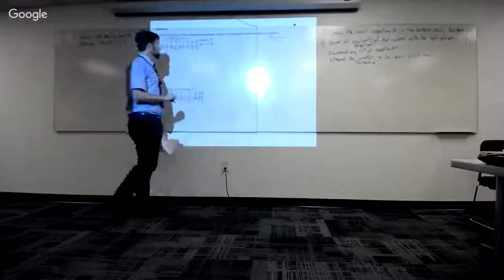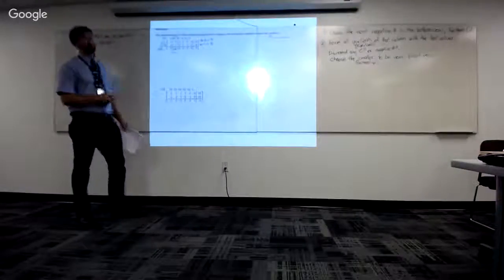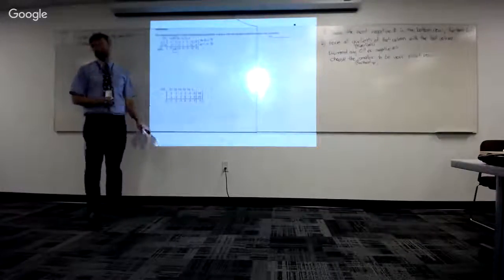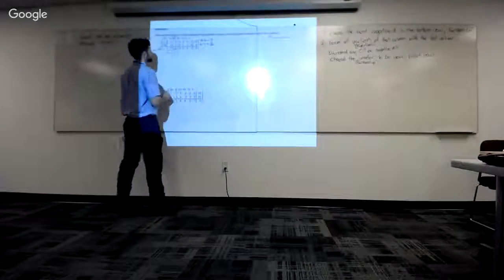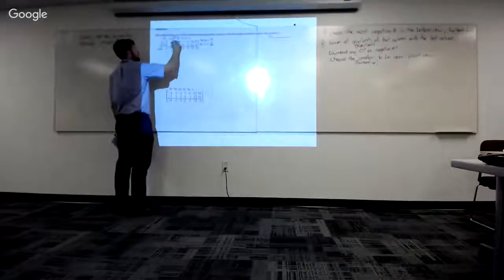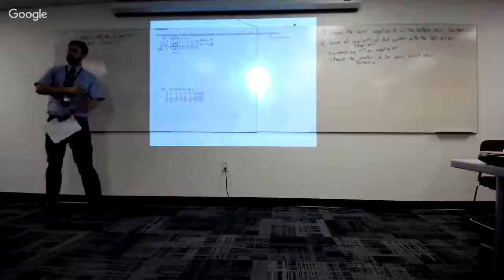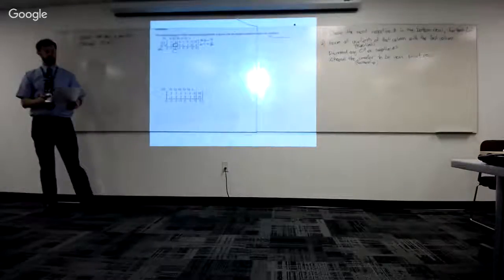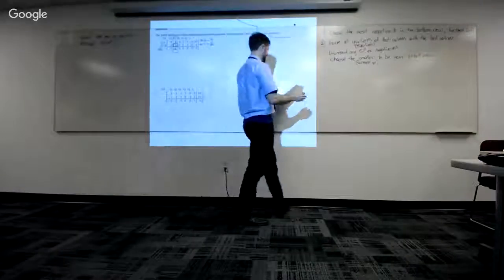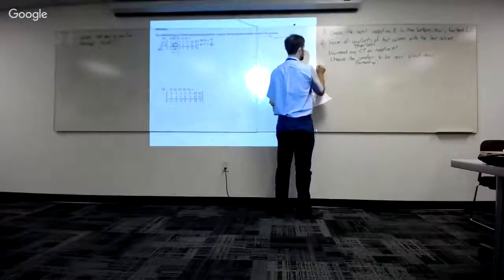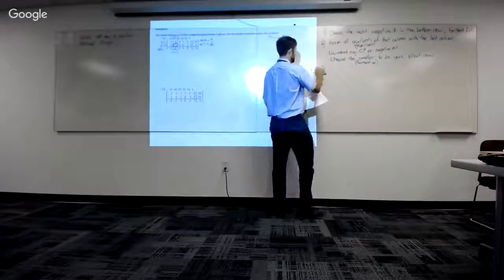Which one of our quotients was smaller? 8. So now we know that this is going to be our pivot. We just chose the correct pivot. Step 3, pivot.